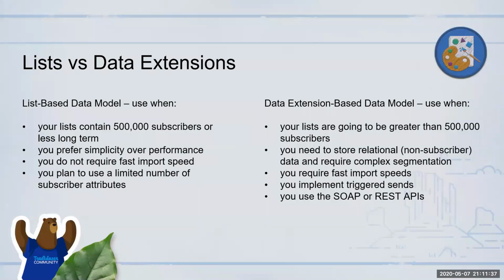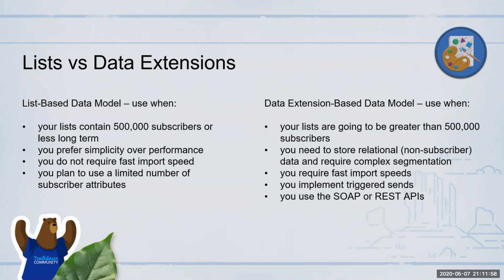Before we go into segmentation, there's something important that you need to know as well: the major difference between a list and a data extension. As one of you asked earlier, a list is a very simple data structure. Please go through the best practices of when you would use a list and when you would use a data extension.